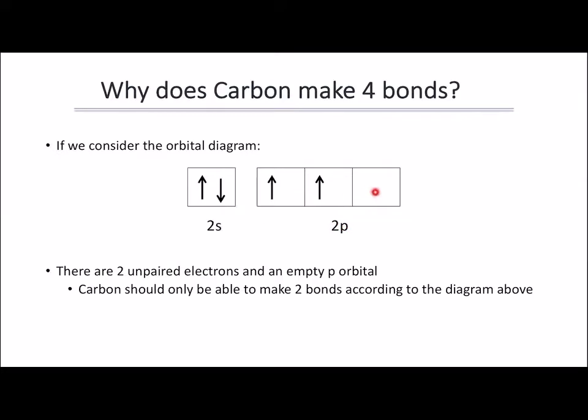I have an empty 2p orbital and then missing 1 electron from each of these. Now we said in a covalent bond, the electrons are sharing so that they can pair up the electrons. Wouldn't I only be able to make 2 bonds here? Why can I make 4? Why did we draw carbon with 4 bonds when here it should only make 2 if we look at the orbital diagram?